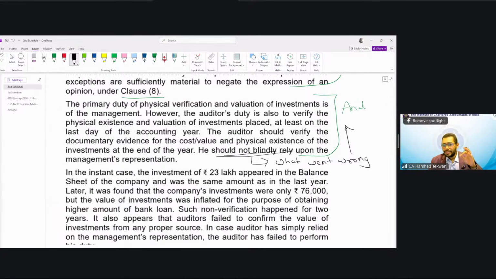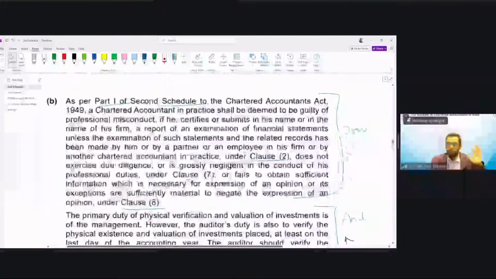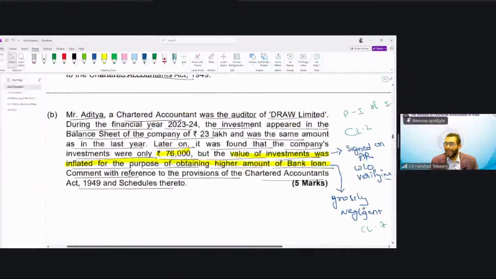Otherwise, analysis is incomplete. And then on the basis of that, you need to provide your conclusion. Clear? Any doubt on this question?